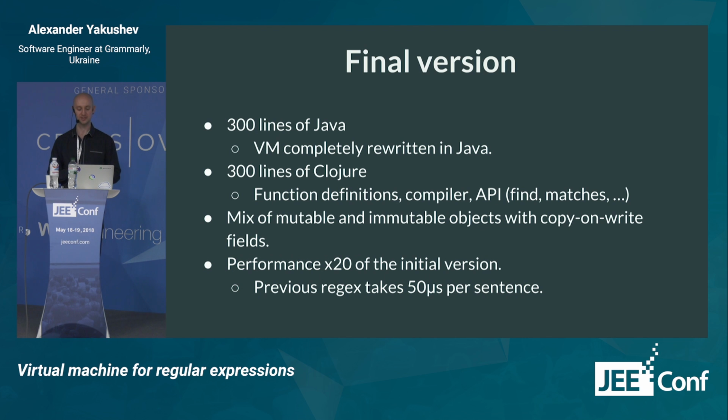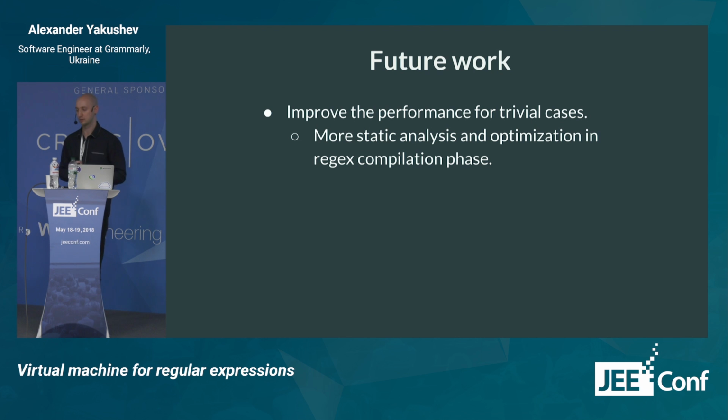So the numbers are fuzzy, but that works. There is some future work I want to do about this. First, to improve the performance of trivial cases. For example, the Rust regexp library has this hack: if the regular expression starts with something trivial, for example some character, it will do a linear scan across the whole string, trying to find that character.